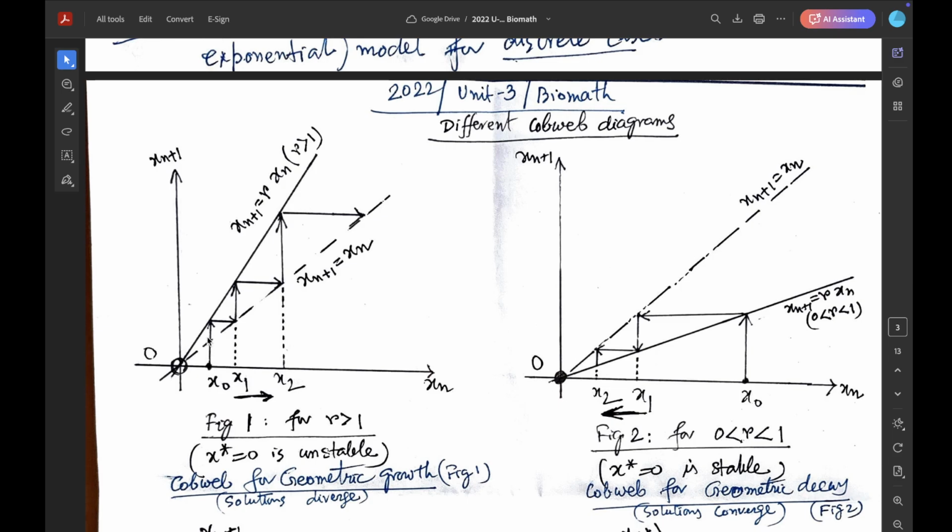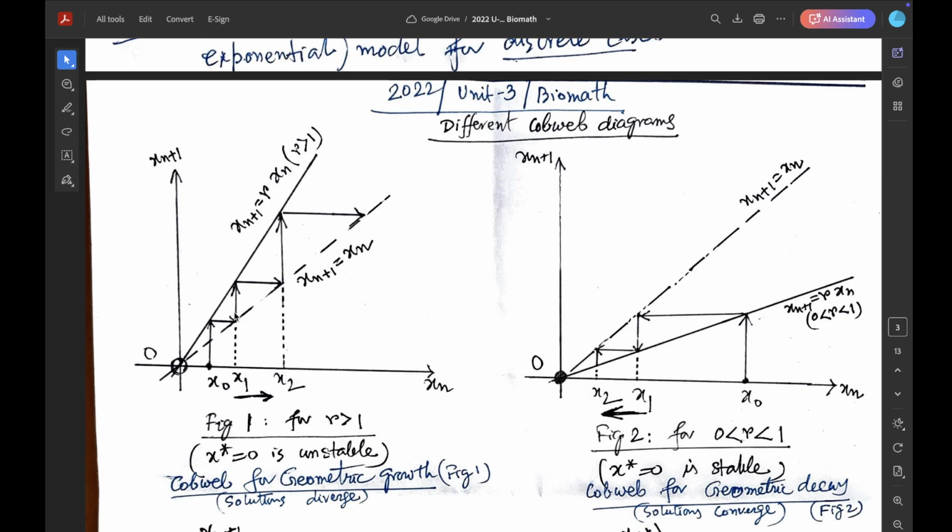First we draw this vertical line up to the reproduction curve, and then draw the horizontal line up to the diagonal line. So this point is x_1, the first approximation of this solution.